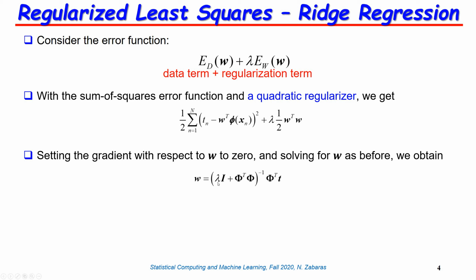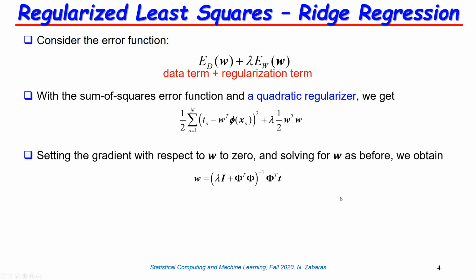So W is the inverse of lambda I plus phi transpose phi, times phi transpose T. And again, we can see that the only difference from standard least squares is adding this constant lambda in the matrix phi transpose phi. And this goes back to what I was telling you in the previous lecture, that in principle this matrix phi transpose phi may be ill-posed, and effectively regularization improves the conditioning number of this matrix, so you can actually invert it and find a solution W.